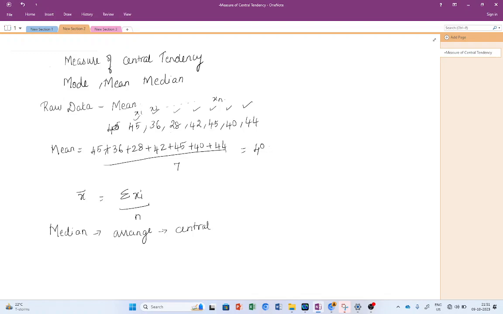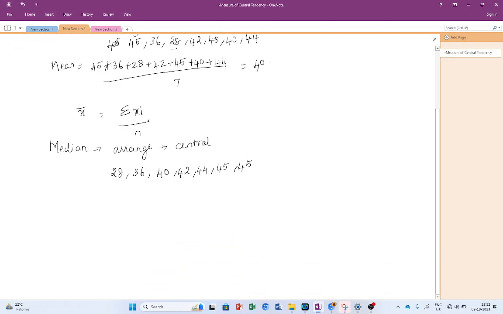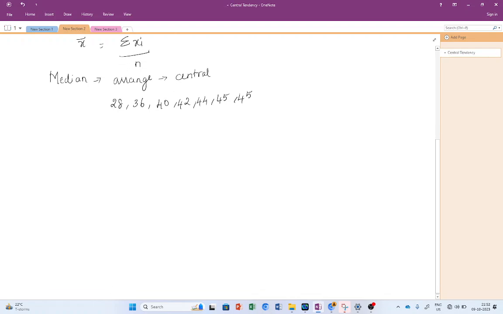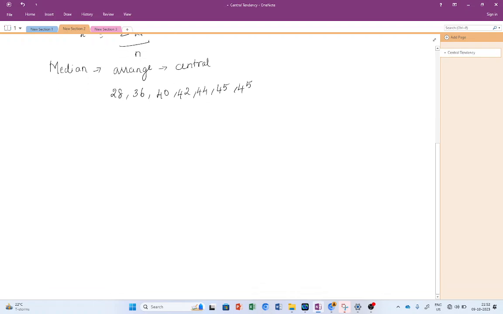The lowest is 28, next is 36, then 40, 42, 44, 45 and 45 again. There are two 45s. Now I've arranged the given data in ascending order. In this ascending order there are 1, 2, 3, 4, 5, 6, 7 terms.